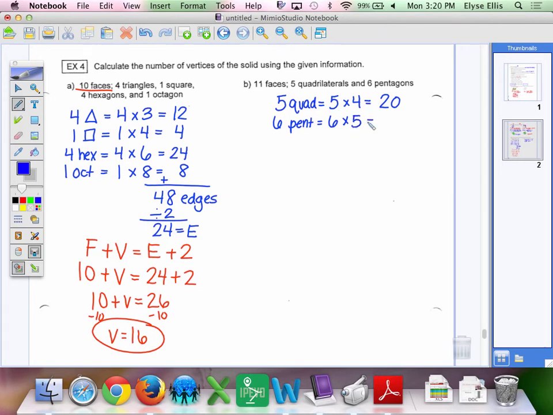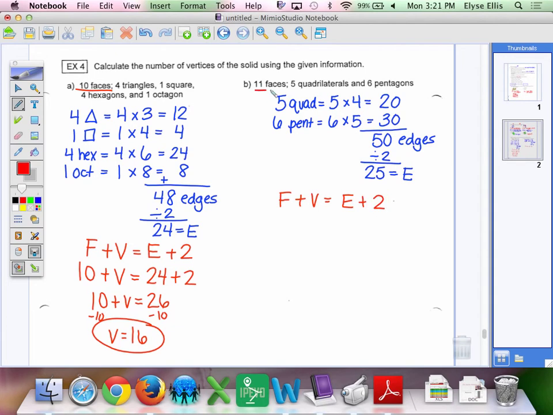If there are 6 pentagons, pentagons have 5 sides. So 6 5-sided shapes, that's a total of 30. Overall, that is 50 edges total. Well, remember, when you put those shapes together and start gluing the sides to make it look 3D, they're sharing the sides. So our trick is we divide that by half, and there's actually 25 edges.